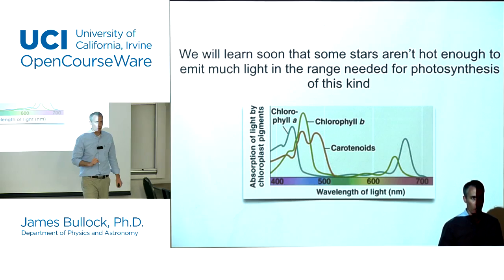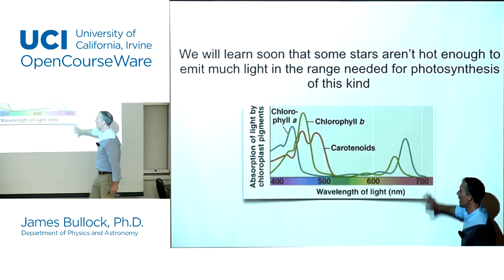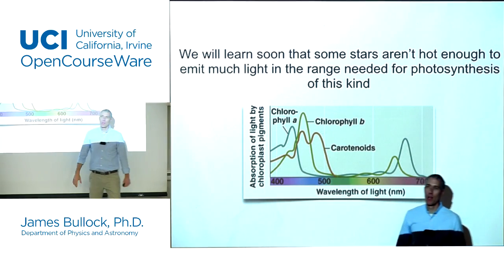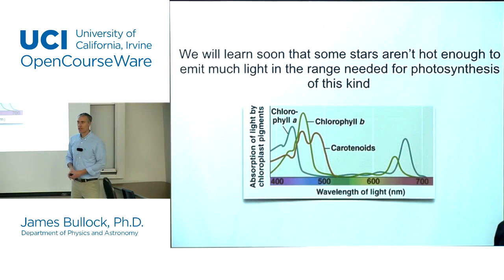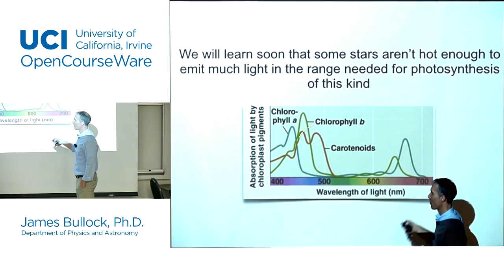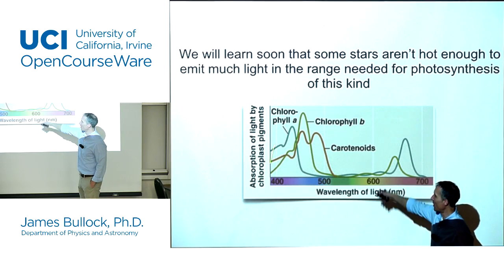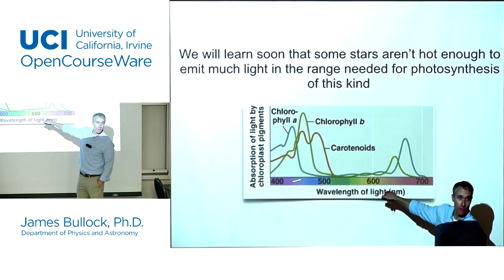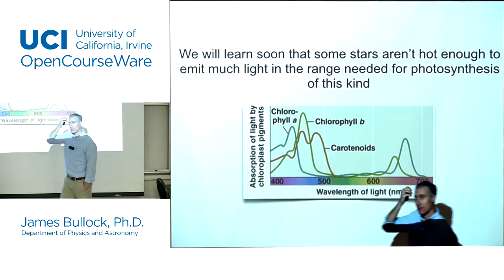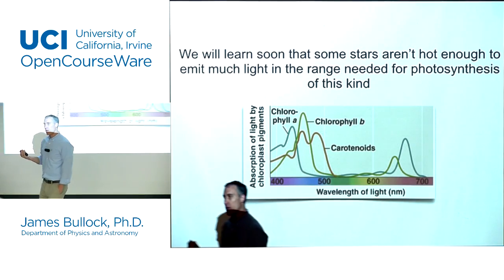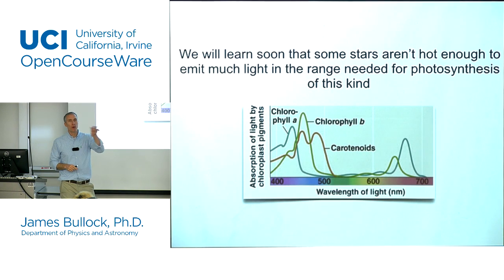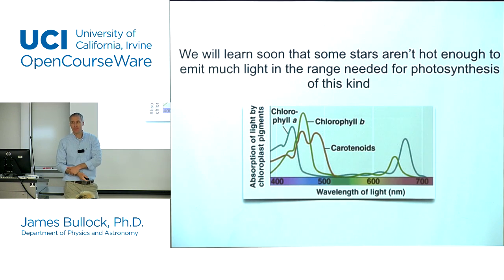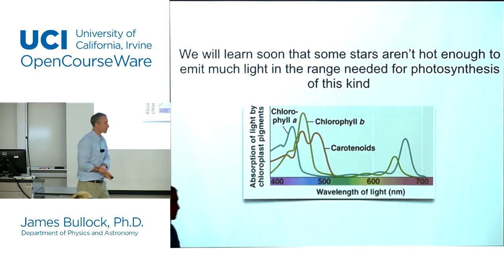And the cooler the star, the more it will emit red light rather than blue. So if you had a planet around a cool star, it's not going to have photosynthesis that works this way because there's no light down here coming out at all. So these are important things to keep in mind because you get locked into how photosynthesis works on Earth and you have to think, well, how would this work on another planet around a different kind of star?